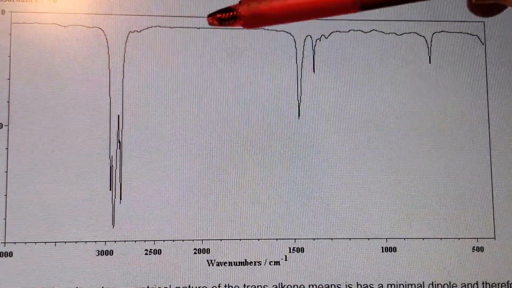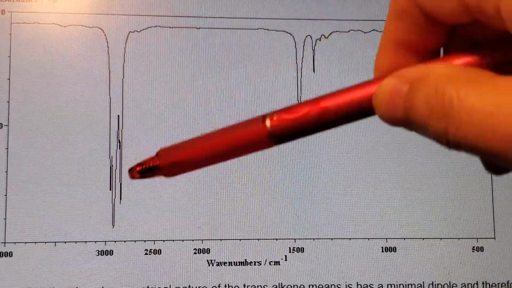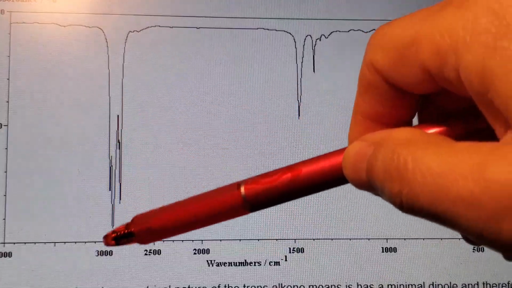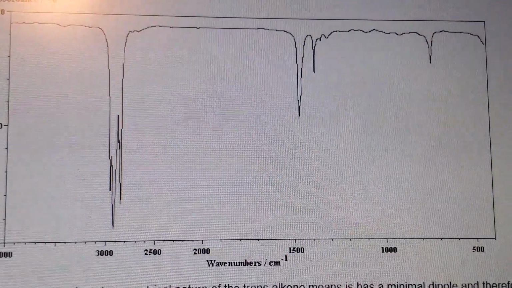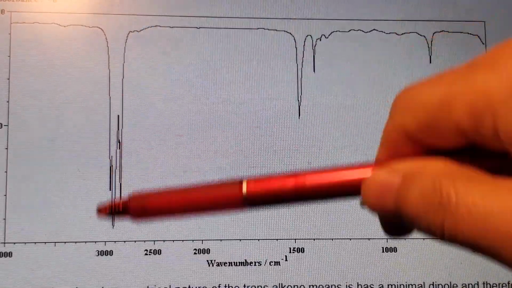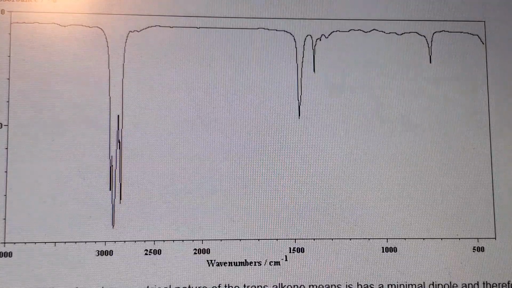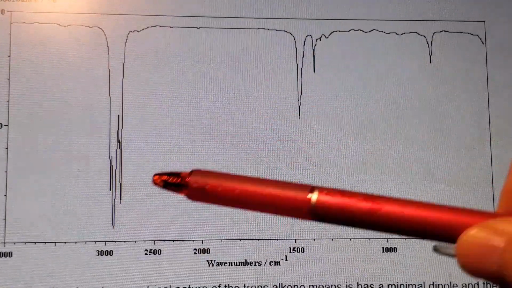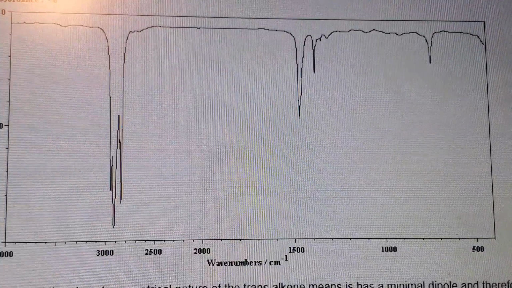But you know that comes around 2200, so it's here and nothing is present. This is very close to 3000, meaning this is a CH of sp3. And there are many of them, and it's very intense, meaning you have a lot of CHs there, with very different modes giving different sp3 carbon-H stretches.